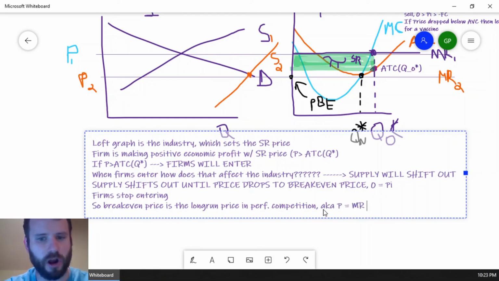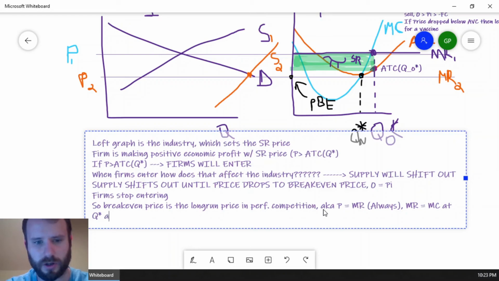So price equals MR always. MR equals MC at Q star always. So your optimal quantity is always going to be at MR equals MC. MC equals average total cost of Q at the minimum. Okay, we established that.